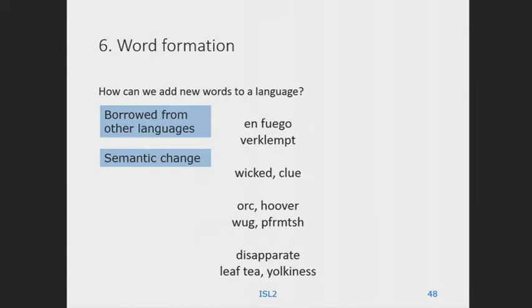Now how about orc and Hoover? Okay, how about orc? Where do we know orc from? Yeah, orc and hobbit, and I'm sure there are many others.